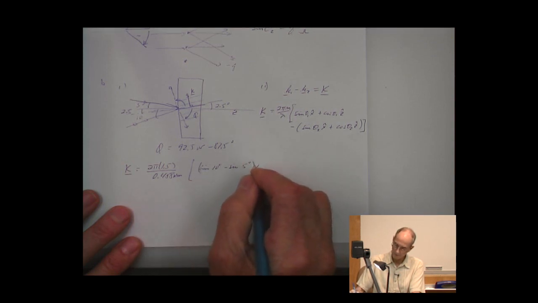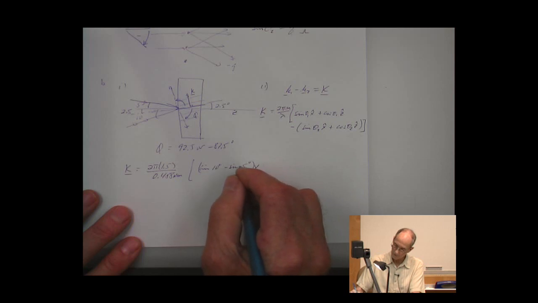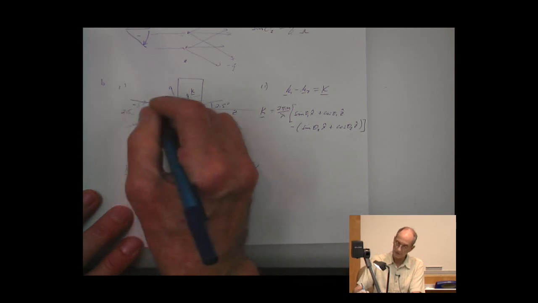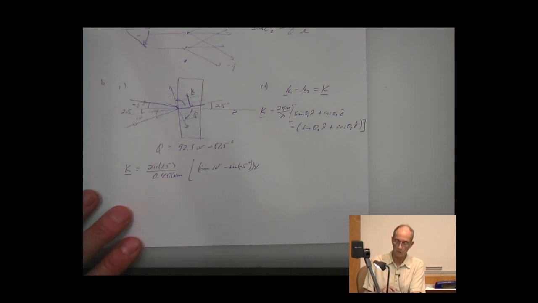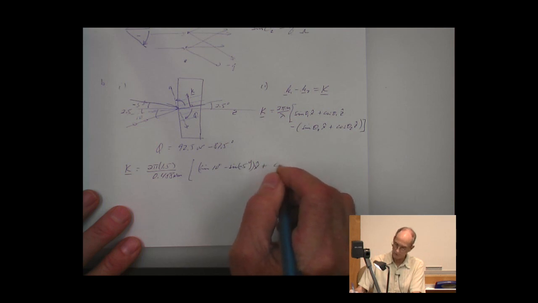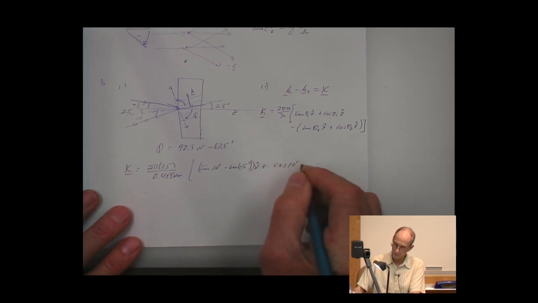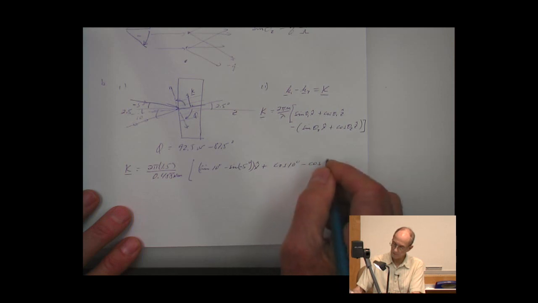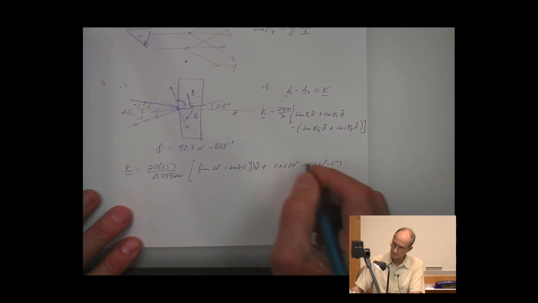And actually this is sine of minus 5 degrees, right? This is, again, a minus angle. And so that's in the x direction. And then we have plus cosine of 10 degrees minus cosine of minus 5 degrees.